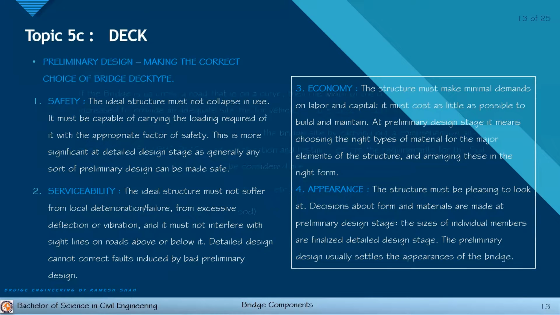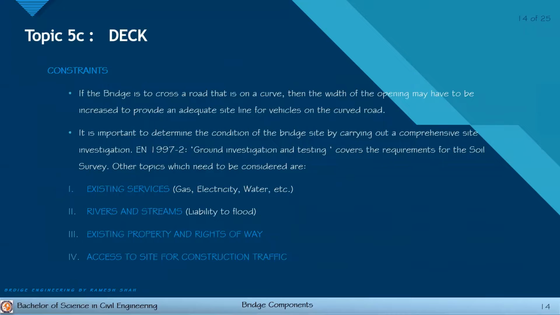So next we have the constraints. Kanina na-discuss ko na yung mga serviceability, ganyan. Ngayon, proceed tayo sa constraints na pwede nating ma-encounter during our decking process or construction.